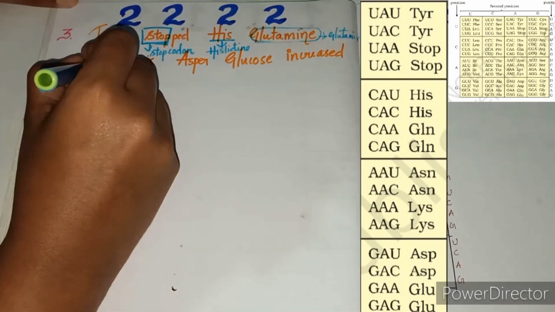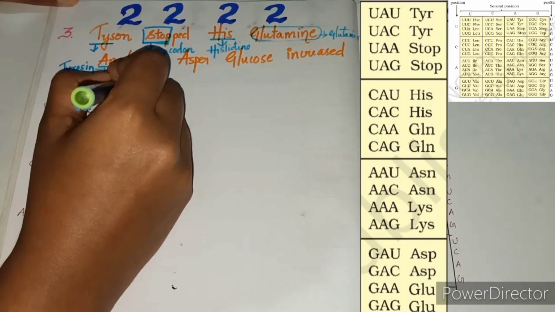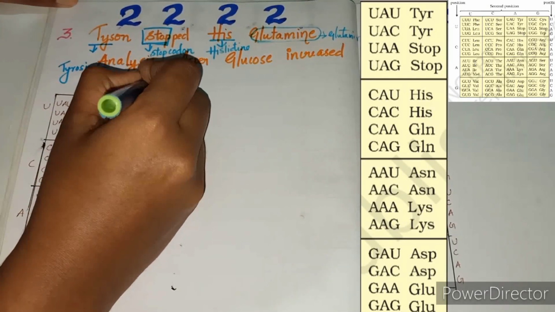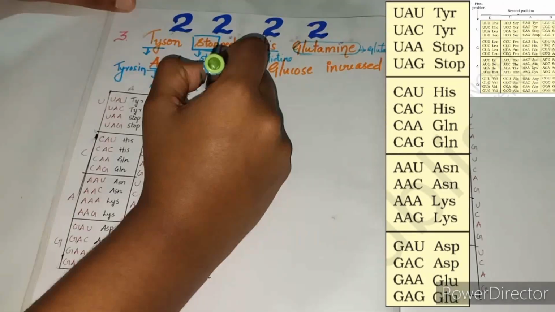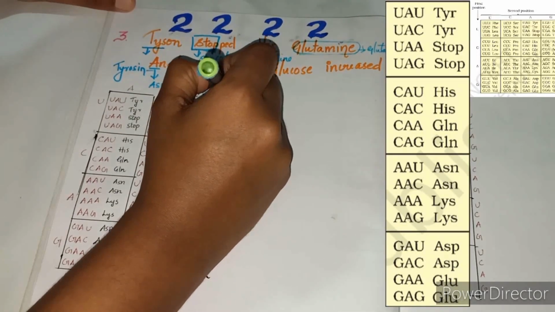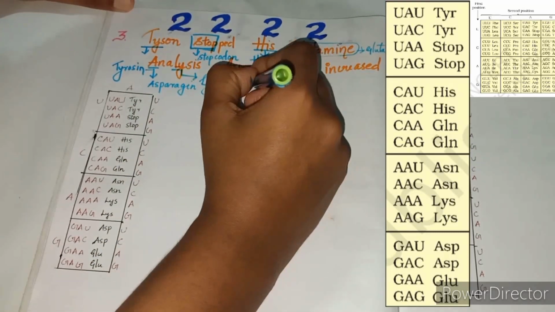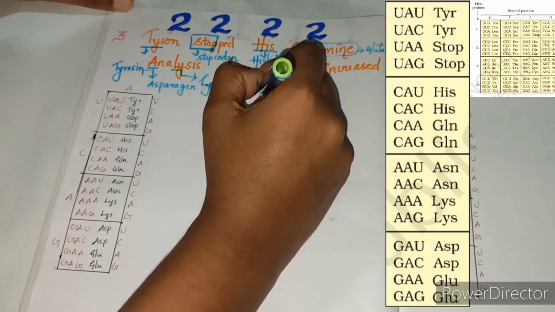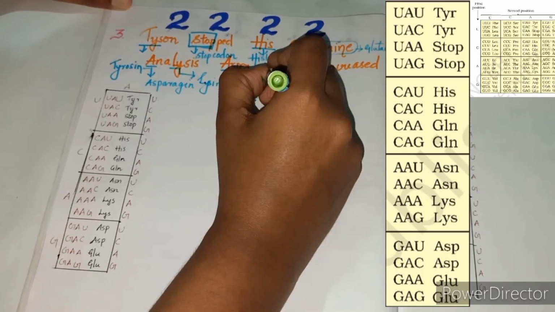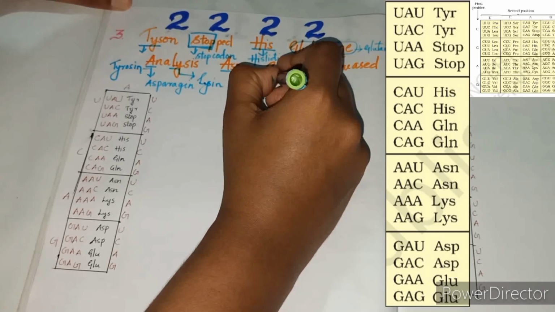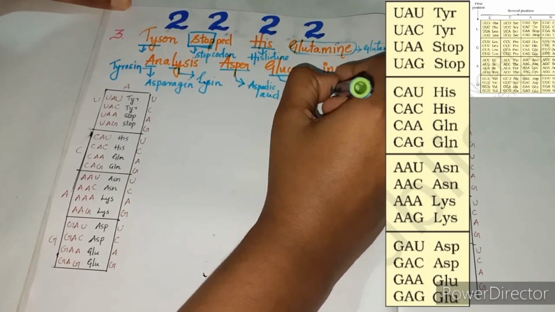And here A for asparagine, L for lysine, and asper for aspartic acid. Glucose, glu in glucose codes for glutamic acid.